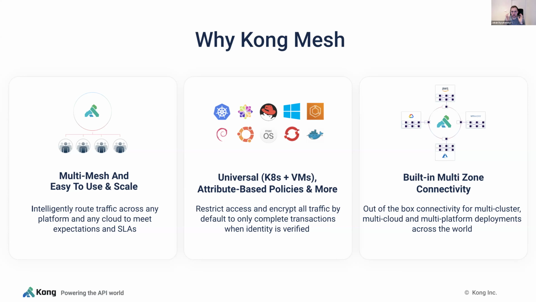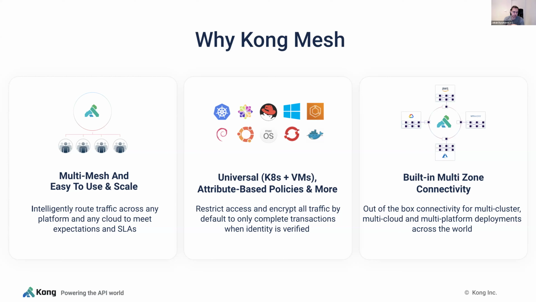Because you want to provide this consistency for your whole connectivity in the company, and that, of course, includes VMs. Maybe you are in the middle of a migration, trying to migrate some VMs to Kubernetes, so you don't have all the workloads on Kubernetes, or you may never migrate some workloads to Kubernetes, but you still want to have them as a part of your mesh, right? So Kong Mesh was designed to support this use case.